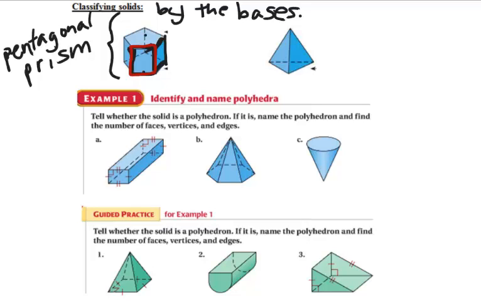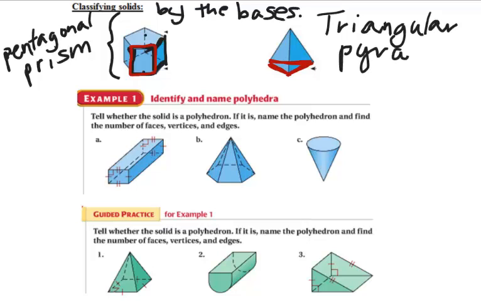And if we look at the picture here on the right, my base is this one right here that it's sitting on. That is a triangle. And so this is going to be a triangular pyramid. Okay, triangular pyramid.